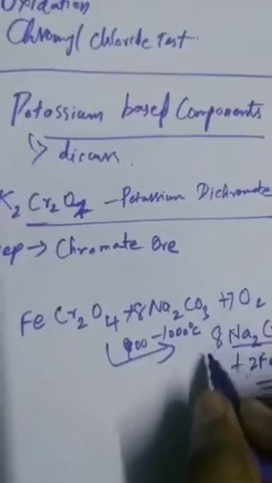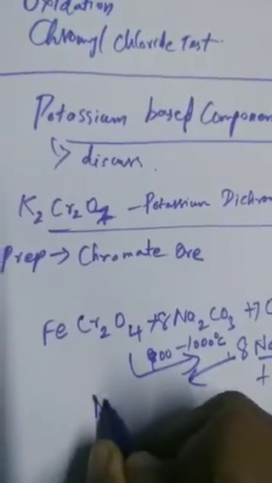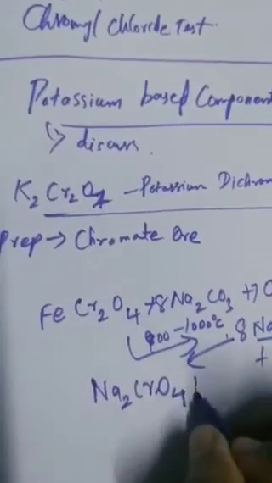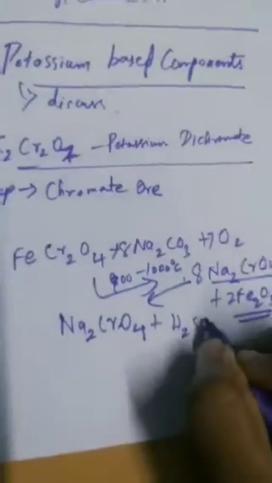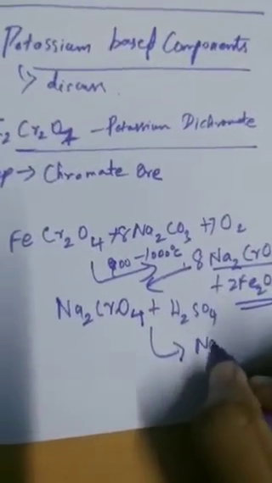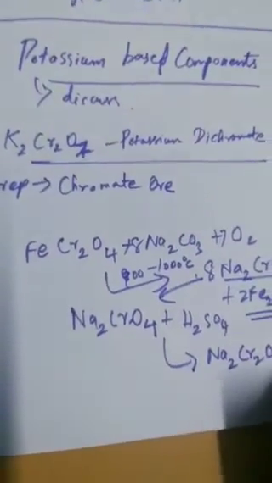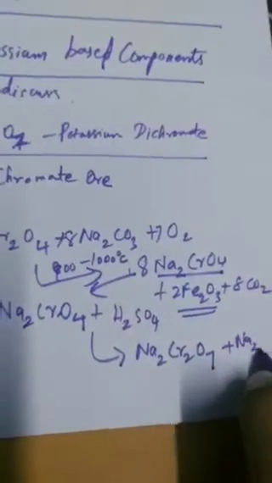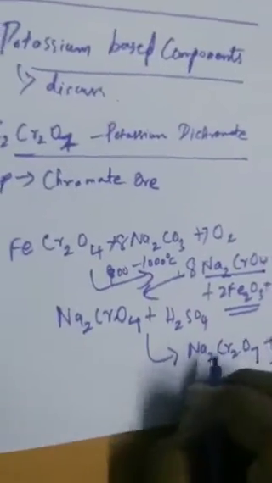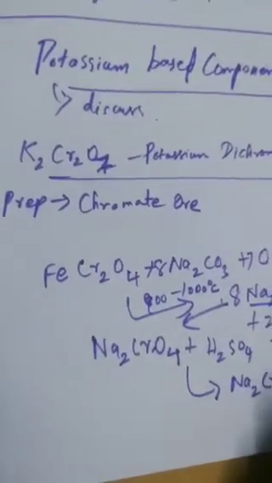Now if you take this roasted product, that is Na2CrO4, on reacting with H2SO4, we will get sodium dichromate with sodium sulfate plus water. So this sodium dichromate can be used for making potassium dichromate.